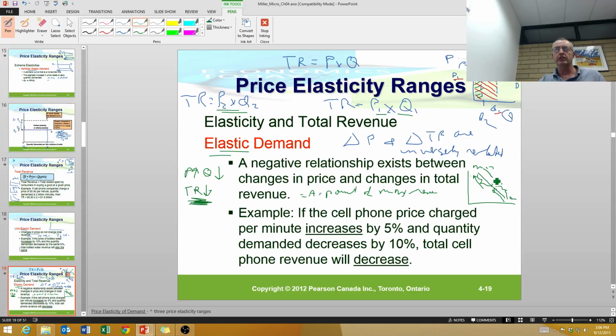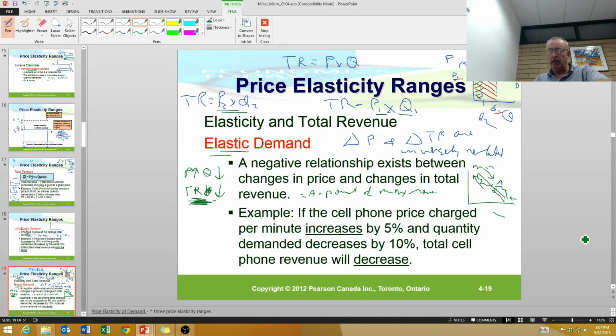In the elastic section, as price goes down, total revenues also go down. Oops. Oh, did I get that backwards? I said there's an inverse relation. Oh no, sorry, I was reading it wrong. As price declines, total revenue goes up, and in the inelastic section, as price declines, total revenue declines as well.